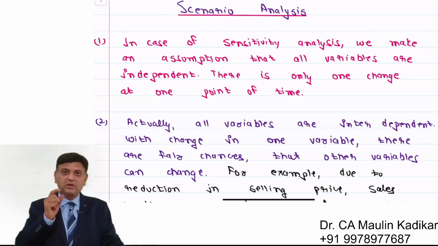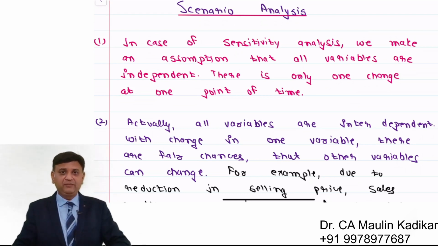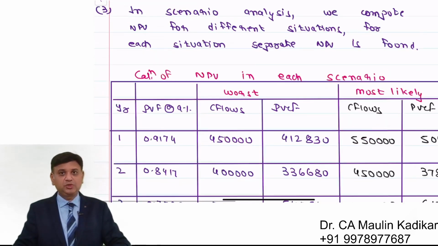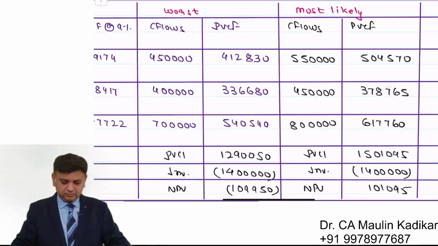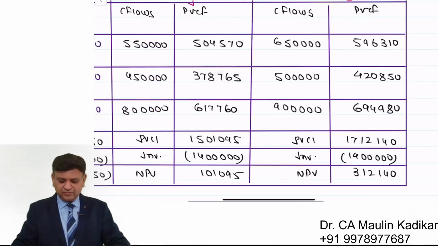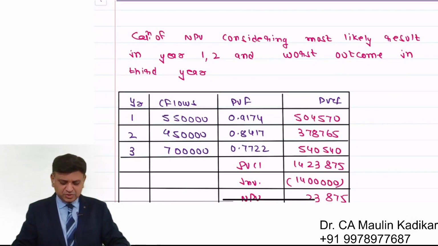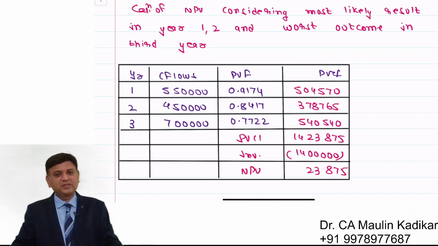So taking into account specific situations, that is worst outcome, most likely outcome, best outcome, we compute the NPV in these situations. NPV is calculated for each situation, and then a specific situation is given wherein in the first and second year it is the most likely result, and for the third year it is the worst outcome, and for that NPV is to be found.